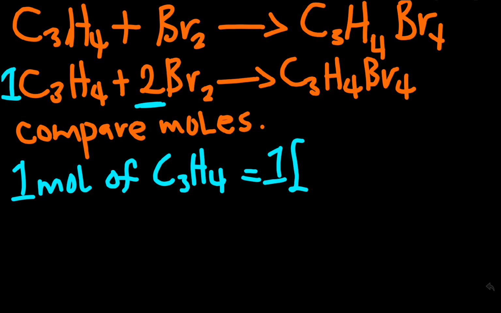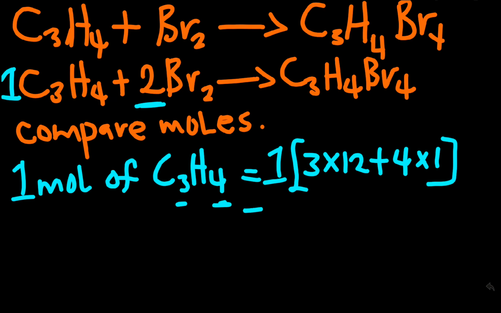C3H4 becomes 3, which is the number of atoms here, times 12, which is the atomic mass of carbon, plus 4, the number of atoms here, times 1, which is the atomic mass of hydrogen.